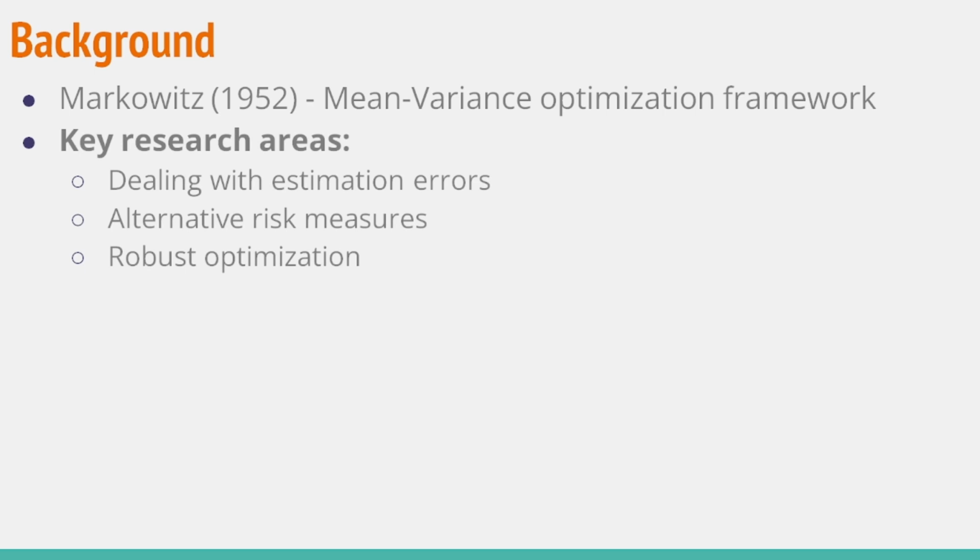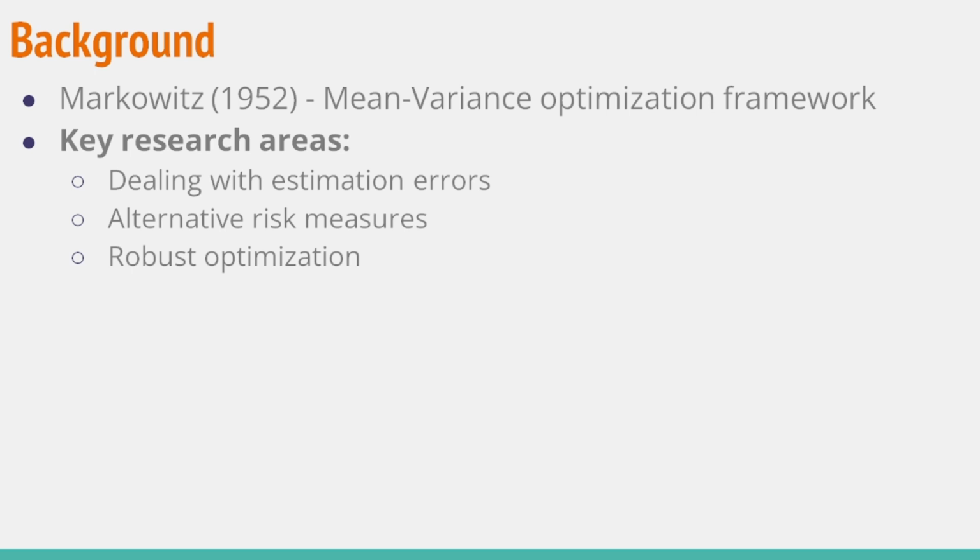To address these challenges, researchers have explored three key areas. First, dealing with the estimation errors using techniques like Leibowitz and Wolff's shrinkage methods and Michaud's resampling techniques to stabilize the portfolio weights. Then, alternative risk measures such as value at risk, conditional VaR, and other downside risk measures, which better align with the fat tail distributions and investor preferences.